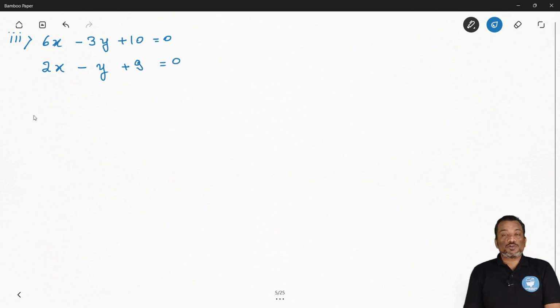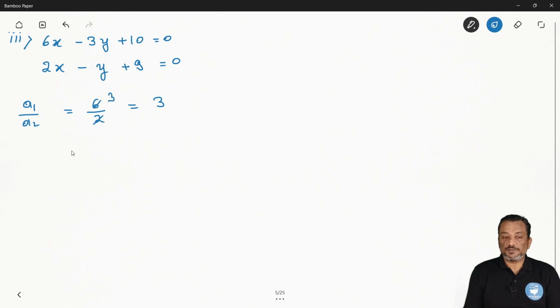तो यहां पे भी हम लोग सबसे पहले क्या निकालेंगे? a1 over a2. तो दैट इज 6/2. सो यू विल गेट हाउ मच? 3. दोनों एक दूसरे के फैक्टर है, 3 टाइम्स. नाउ सेम वे यू कैन फाइंड b1 over b2. So you will get how much? -3 over -1. So you will get what? 3.